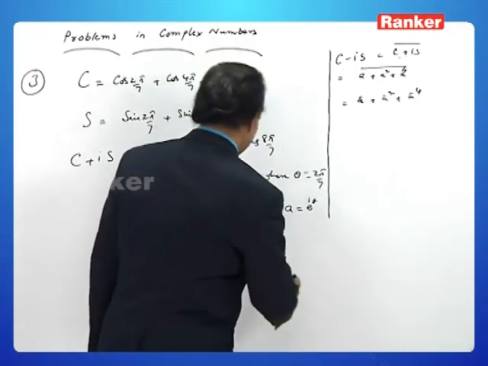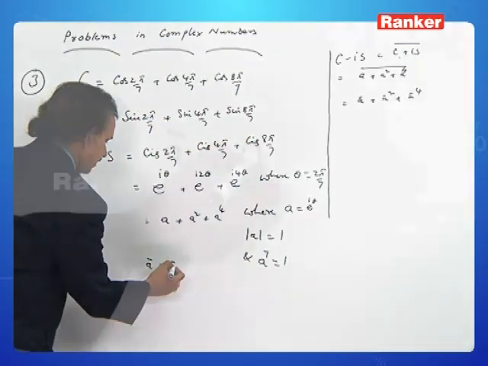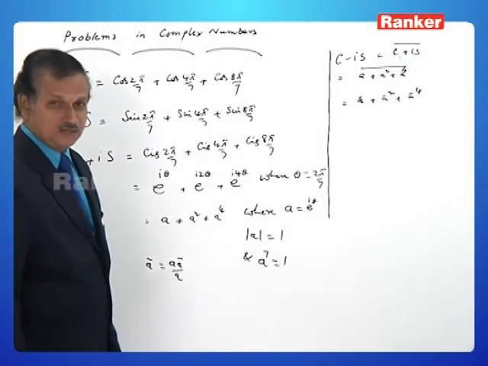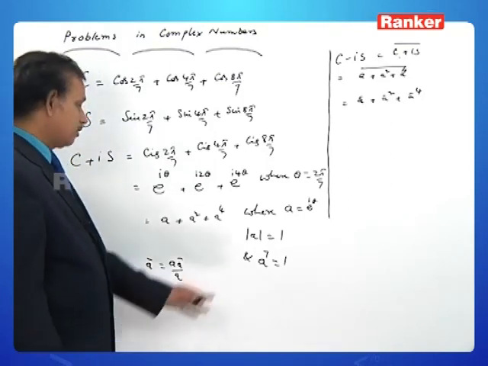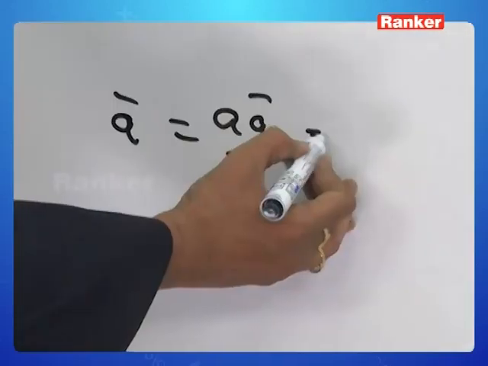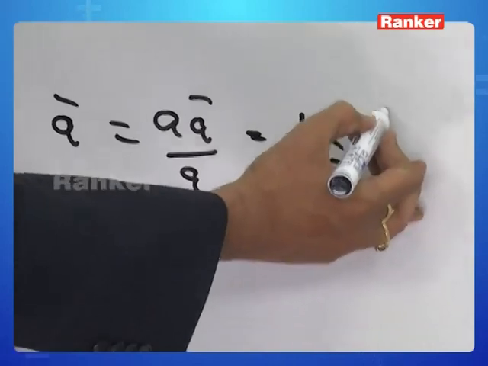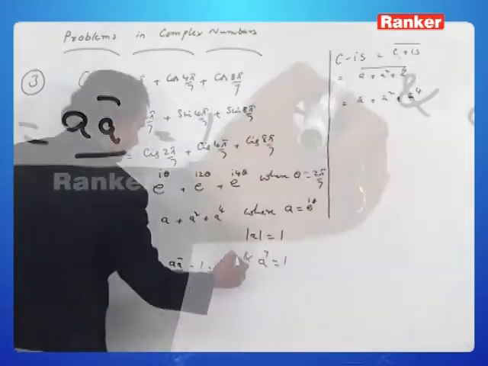Here we can say one thing: a bar is equal to mod a bar square by a. But mod a is 1, so mod a square is 1. Hence it is 1 by a. Again, in the place of 1 you can have a power 7, and a power 7 by a is a power 6.